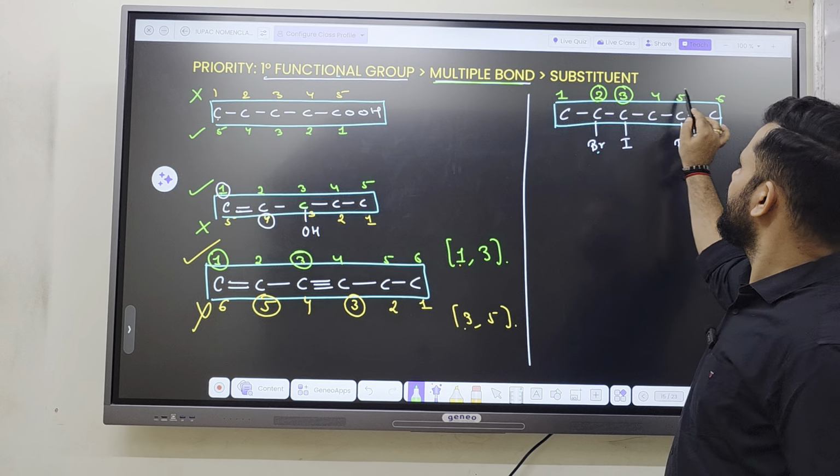So when numbering the PCC, remember the functional group must get the minimum number. If there are 2 ways in which your functional group is getting assigned the same number, only then will you move to the next criteria and check the multiple bonds. Let's solve some examples. I'll take some examples from our previous class in which we have already selected the PCC.